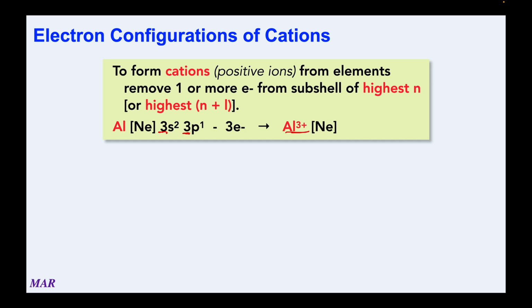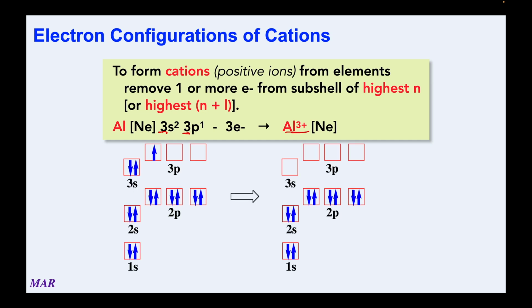So we're going to take away the 3s2, 3p1 electrons to make 3p0, if you will, and 3s0. We're going to be left with 1s2, 2s2, 2p6. So aluminum 3 plus has a neon core. Technically, we would take away the 3p1 first, and then the 3s2 electrons after that. But it doesn't make a difference because we're taking away 3 electrons. The end result, aluminum 3 plus, will have a neon core.